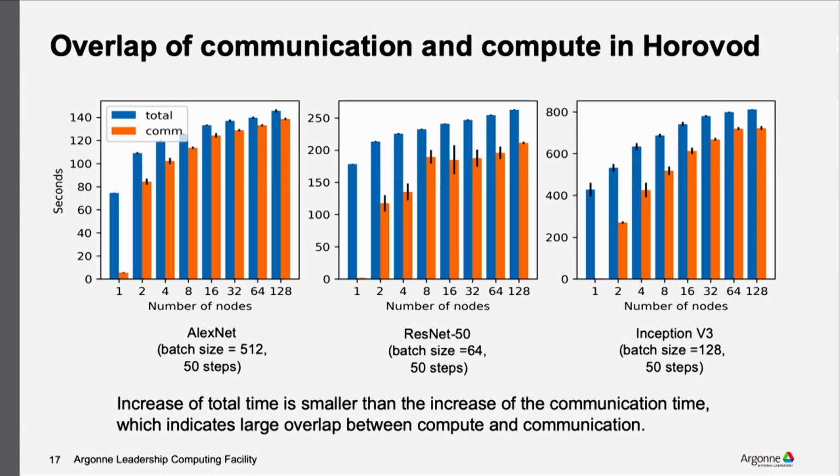That means there is overlap between the compute and communication. The reason is that we're dealing with a deep neural net, and for each layer, the communication is independent from the other layers. So while they propagate through the neural net, they can do the communications. So they can overlap the compute and communication.